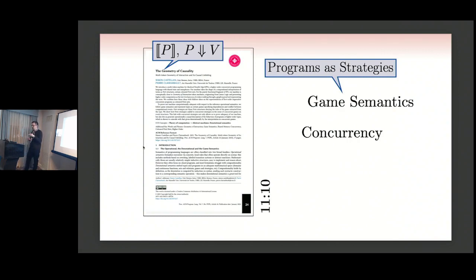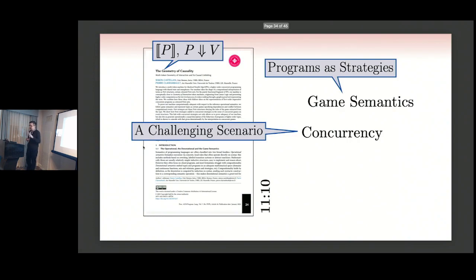The authors here are interested in a concurrent form of game semantics, and this is very challenging for reasons that the authors will explain to you tomorrow. And the peculiar feature of this paper is that they managed to give game semantics to a concurrent higher order programming language by way of something called Petri nets.